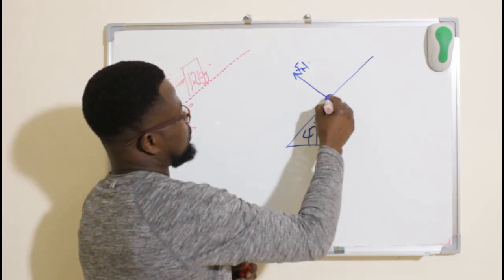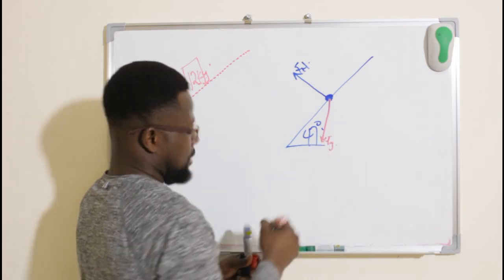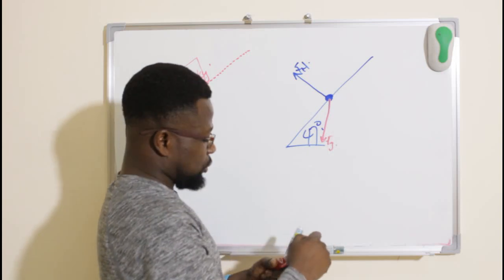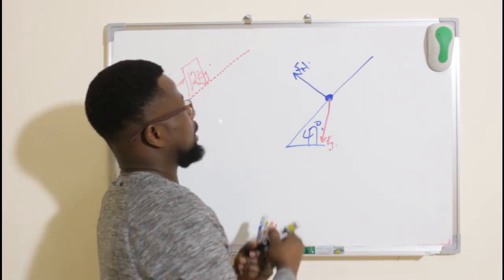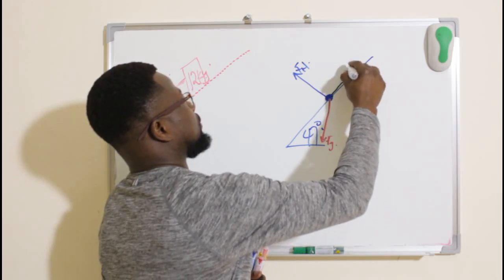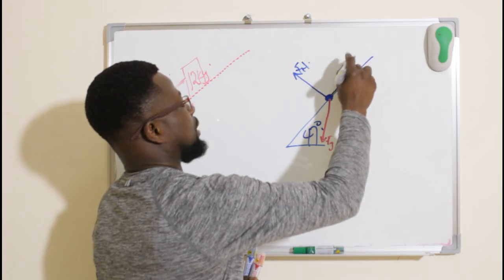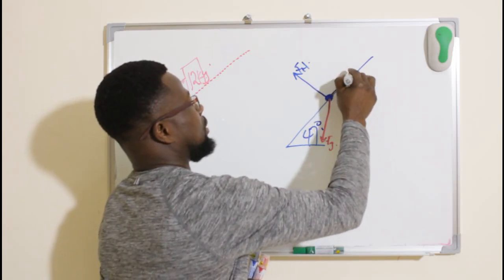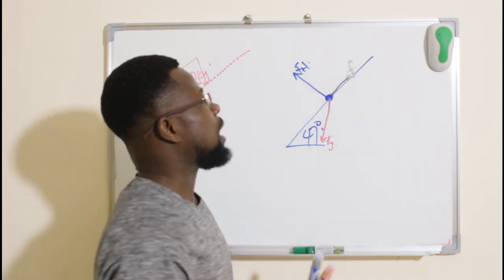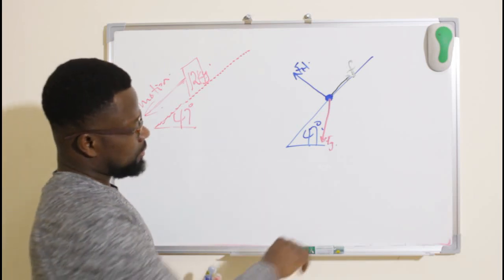And just note that there is friction now, so my friction is going to be in this direction. Let me use a small f for friction here. It doesn't matter, we can use a small f, we can use ff, you can use fr, the choice is yours.